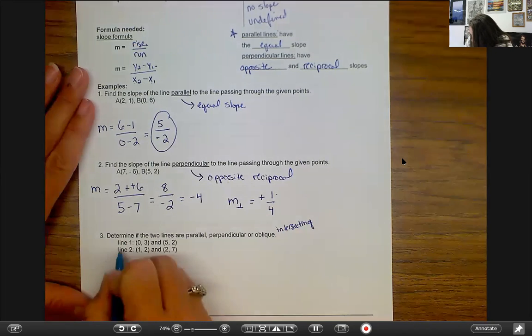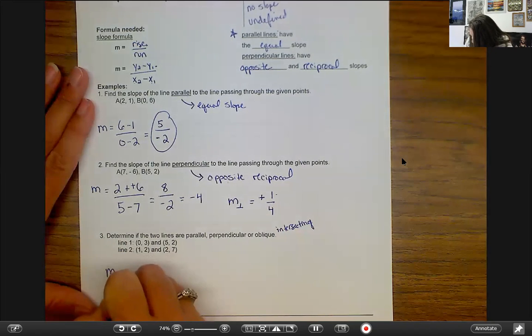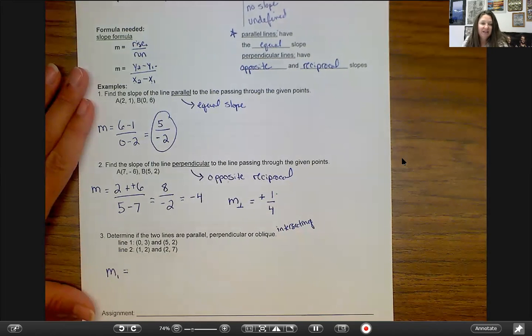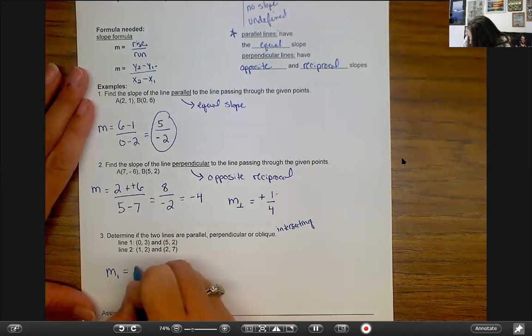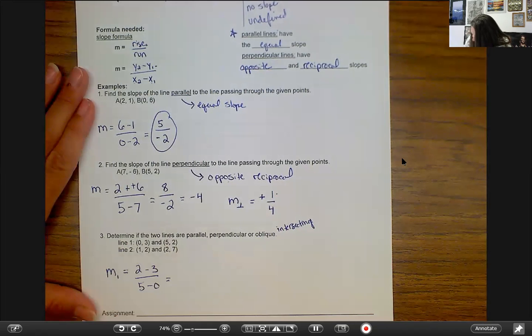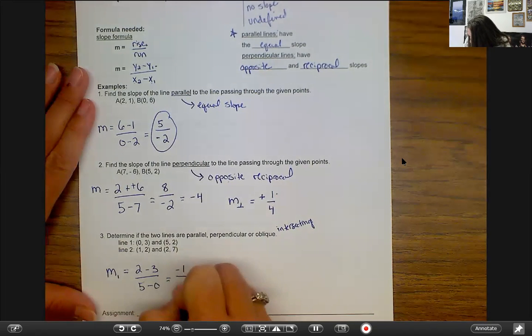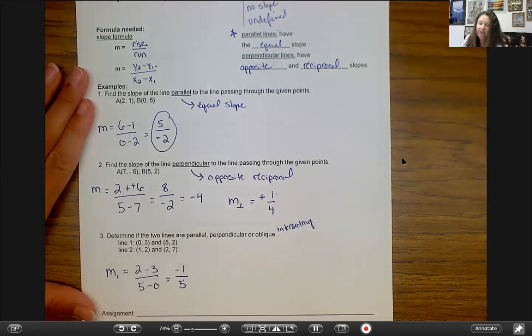So if we look at the slope of line 1, I could just label that as M1. We would plug into our slope formula, so 2 minus 3 over 5 minus 0. We get a value here of negative 1 over 5, or a slope of negative 1/5.